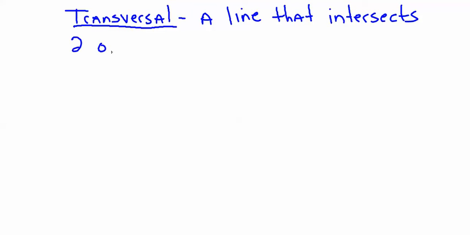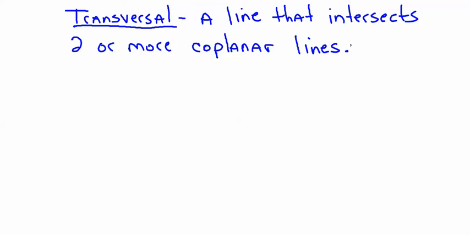A line that intersects 2 or more coplanar lines.